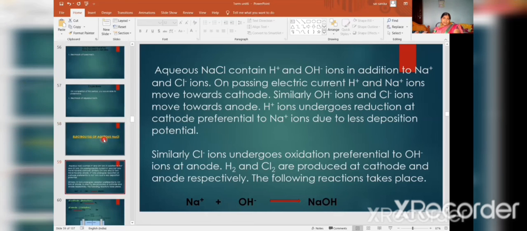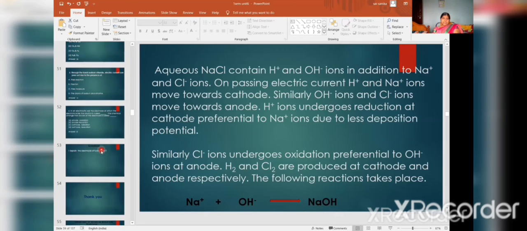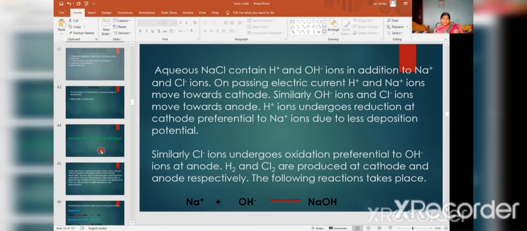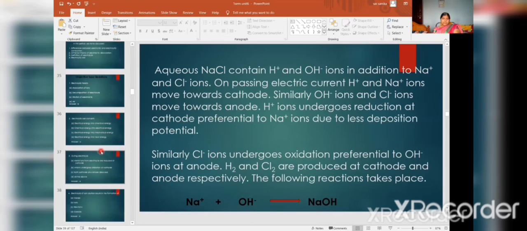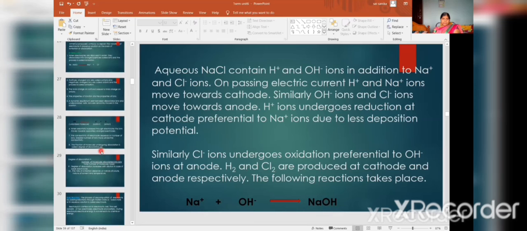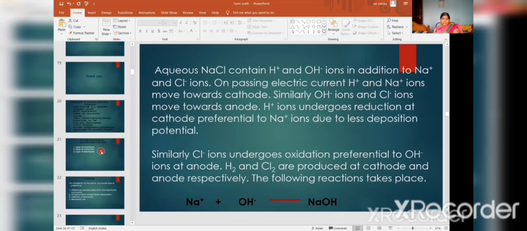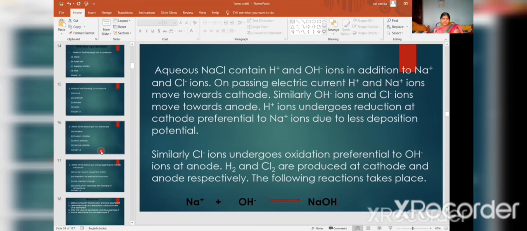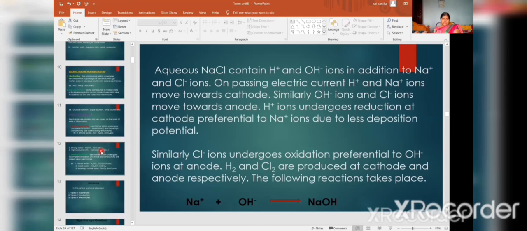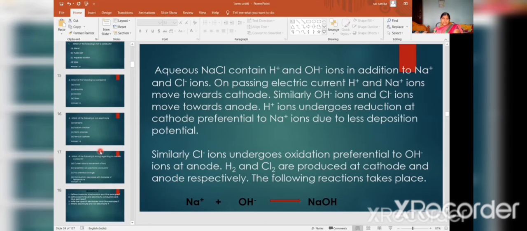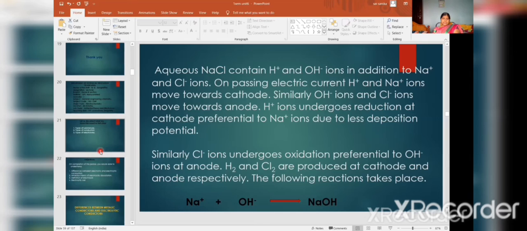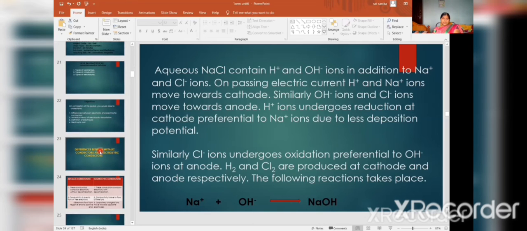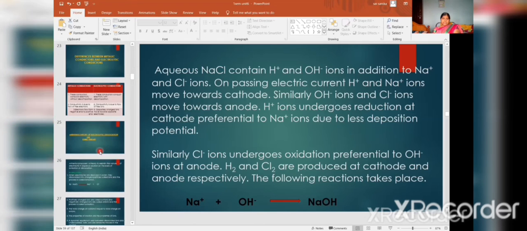We finished the introduction to electrochemistry. In the introduction, we have studied types of substances, types of conductors, types of electrolytes. Then in the second class, we discussed differences between metallic and non-metallic conductors.